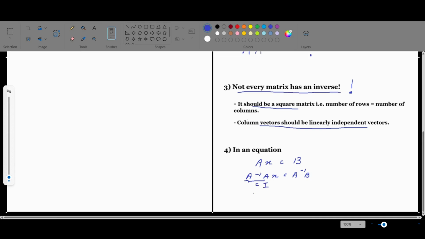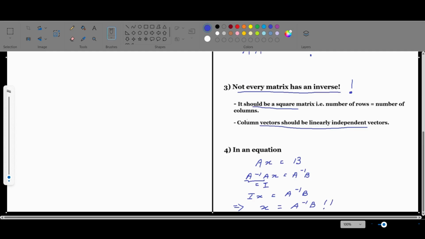So therefore, it becomes IX is equal to A inverse B. Now, I times any matrix is that matrix itself, because I kind of acts like 1 in multiplication. This means that X is equal to A inverse B.